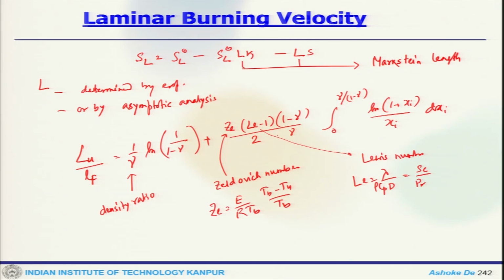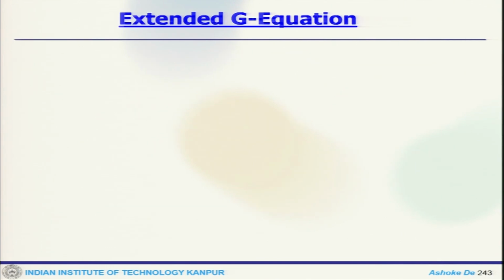So these are the different terms which are contained there. So now using this, we got SL equals SL naught minus SL naught L kappa S. So these two terms are uncorrelated.